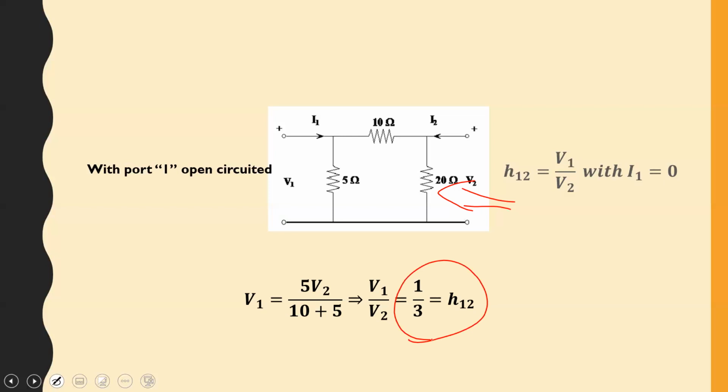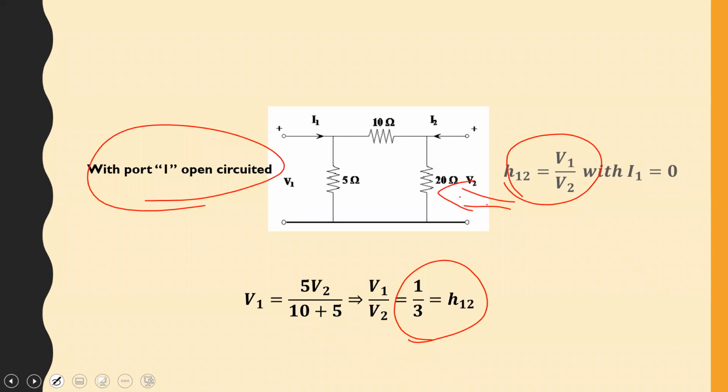Sir, could you say that again, please? This is what we're finding. The port that we have made adjustments to, and I put that in quotes, is port 1. So we're looking into port 2 and finding the relationship between V2 and V1.